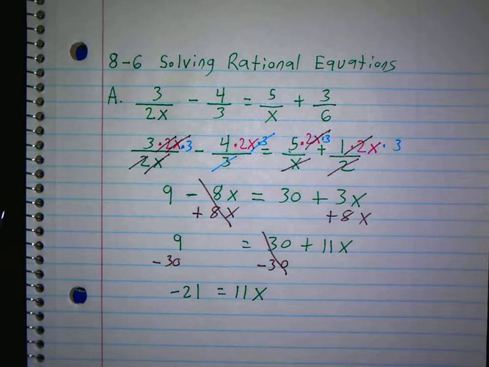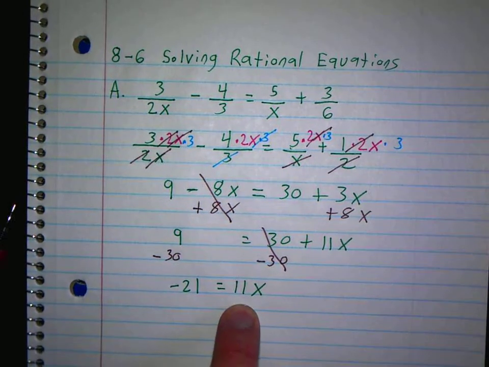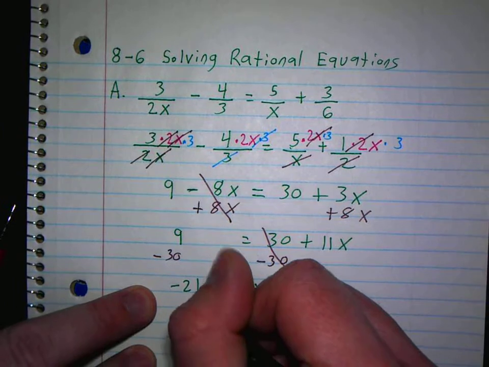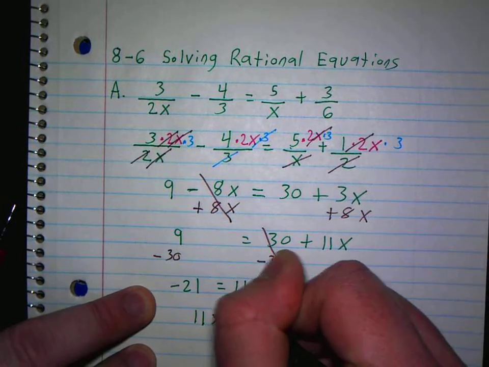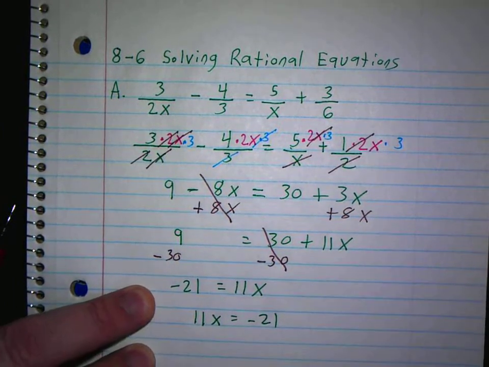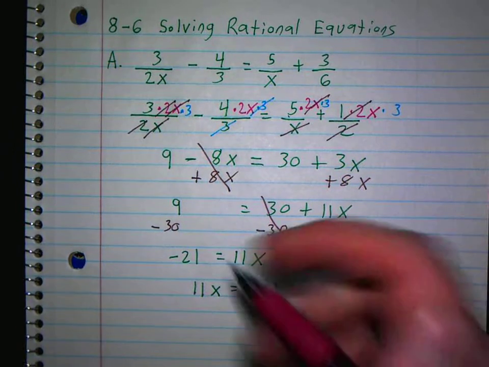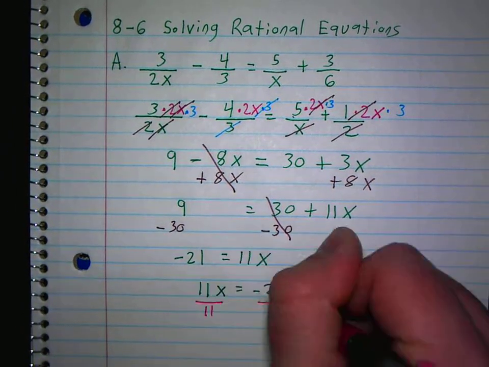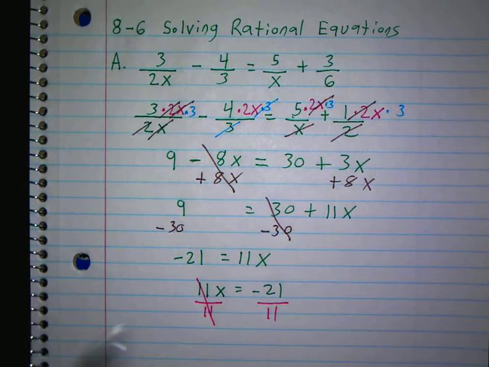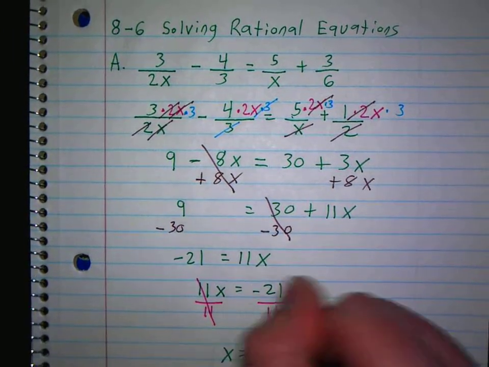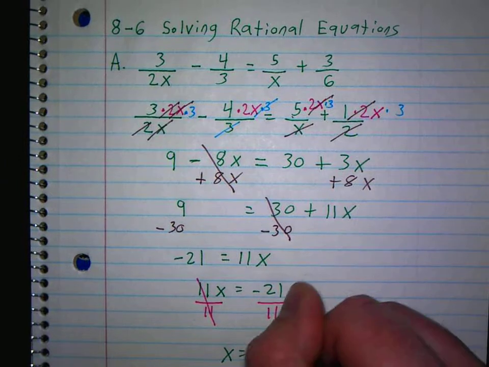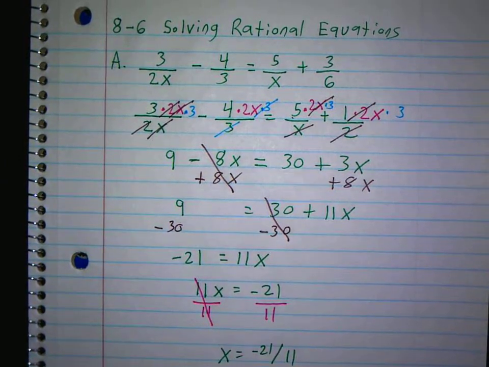And then you may recall to solve for this. And some kids, they like to rewrite it like this, which is fine. That is the same thing. And then you divide by 11. So x equals negative 21 divided by 11.